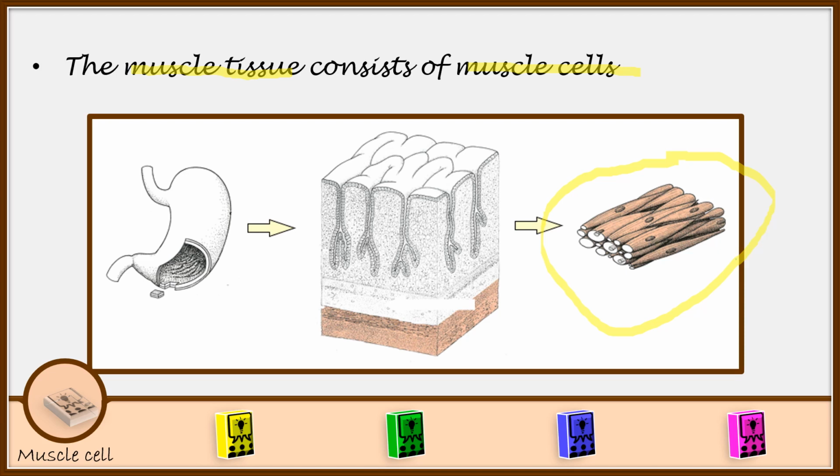So when you look at this tissue, you will see that it has cells, and those are the muscle cells. It has very many cells joined together to form a muscle tissue. So from the organ to tissue and then to cells.